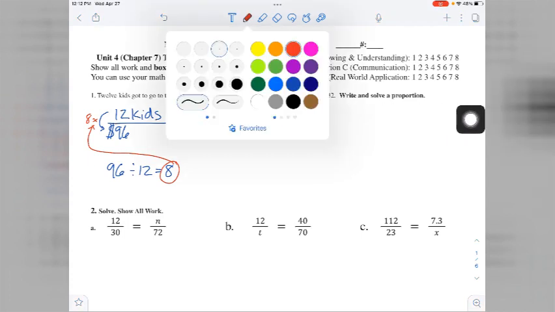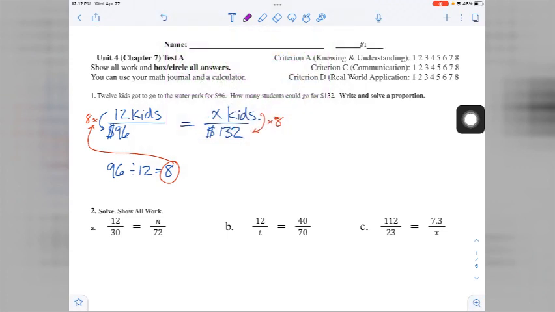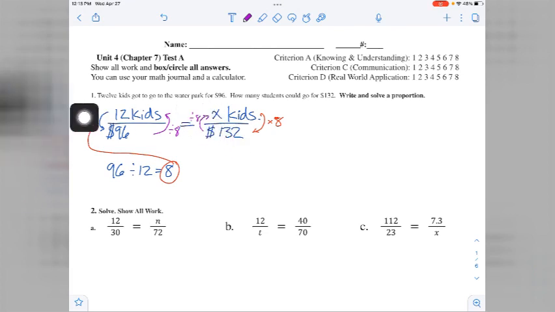Because I know that, I can also go the other way. If going one way is times 8, then going the other way, from 96 back to 12, I would divide by 8, and I would need to divide by 8 here. So this is one where I know all of the information. I will find X if I do 132 divided by 8.